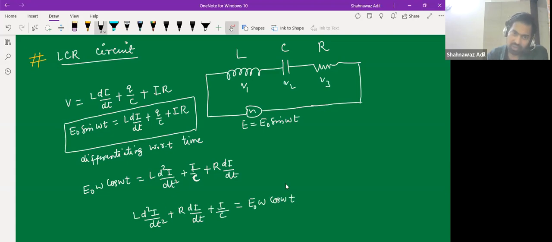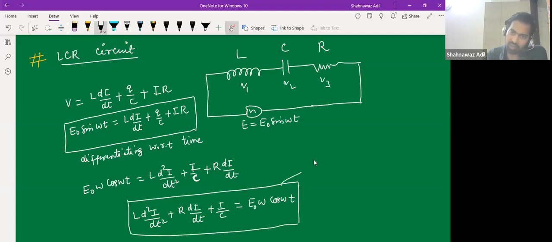So this equation is a second order differential equation. Simplifying this equation is tough.